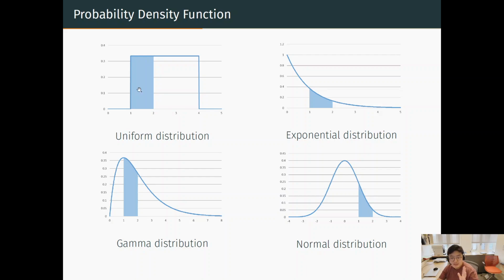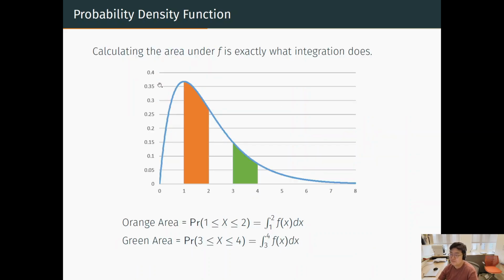Okay, so that is how we handle the continuous random variable, right? And if you are smart enough, you must have realized that what I just showed you is basically integration, right?